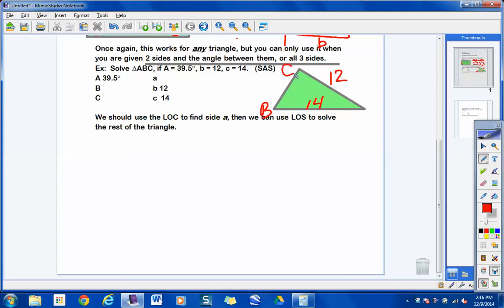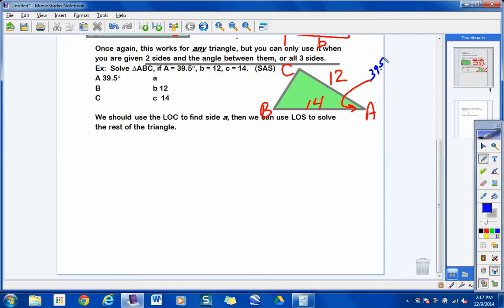So what's this angle have to be? Angle A. Do we know the measure of angle A? Yeah. Okay, no probs. What is this angle measure right in here? How many degrees? Okay, so those are the things that I know.